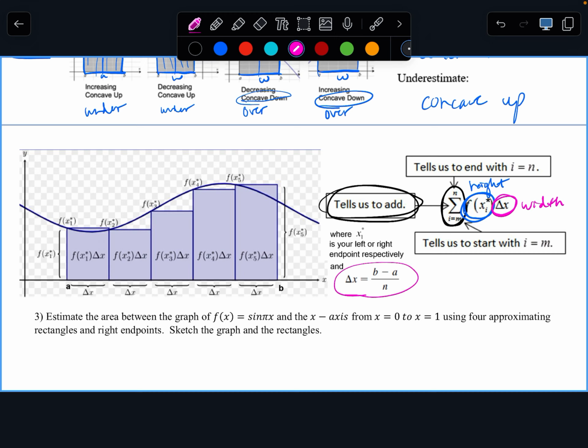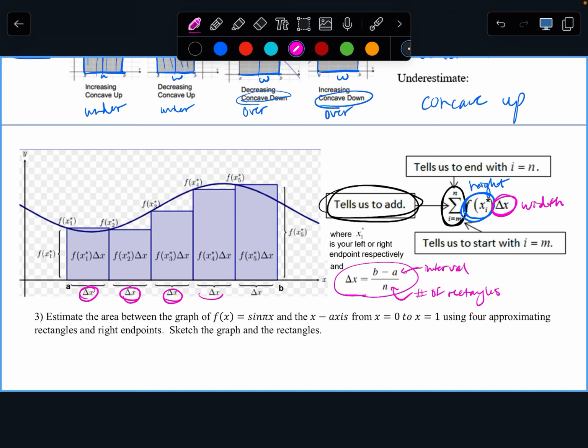All it is, is your interval. So if you're going 0 to 4, you go 4 minus 0, so 4. Or if you're going 1 to 12, your interval is 11. You find your interval, and then you divide by the number of rectangles you want, and that gives you each little width if they're all equal.